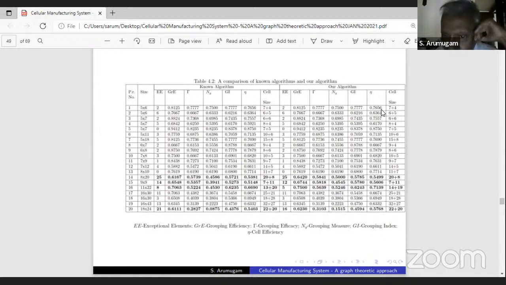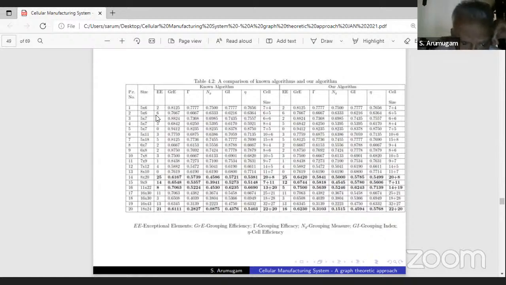So you see here, for the first problem, for example, cell size is 7 plus 4 and exceptional edges is 2. And for the known algorithm also, it is 7 plus 4 and 2. So my algorithm is not bad. It's as good as the other algorithm.